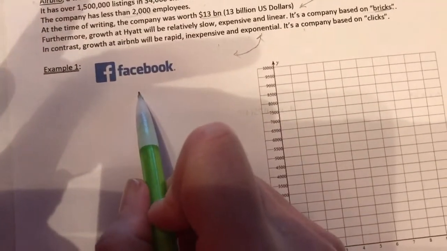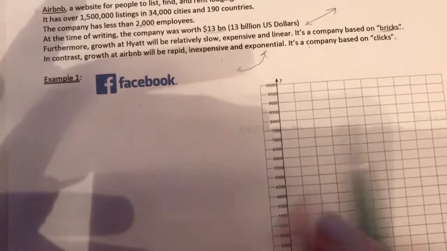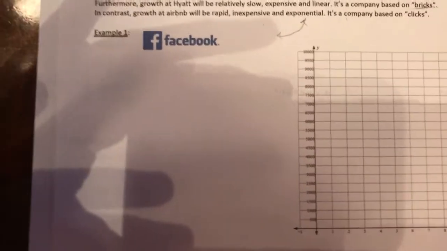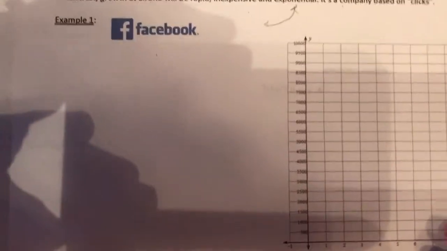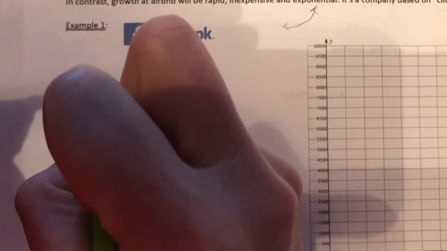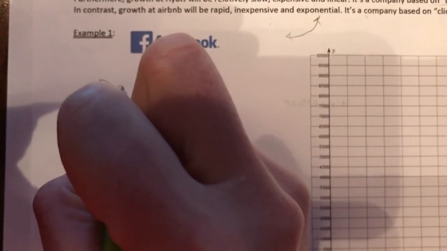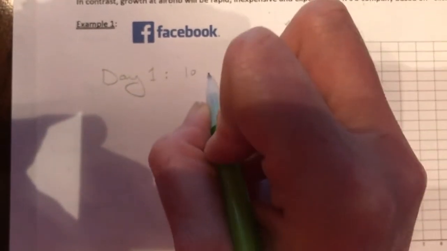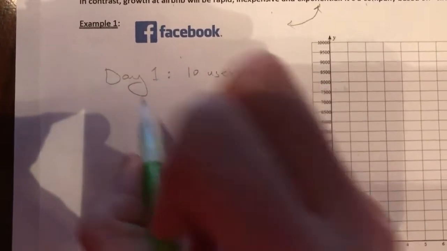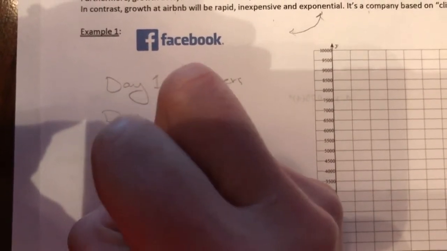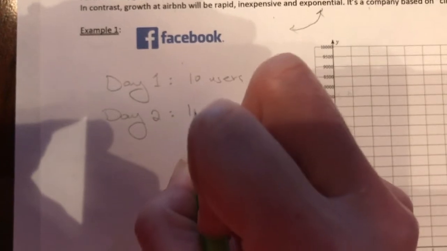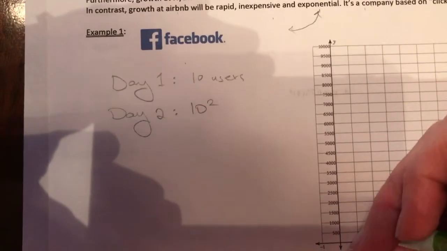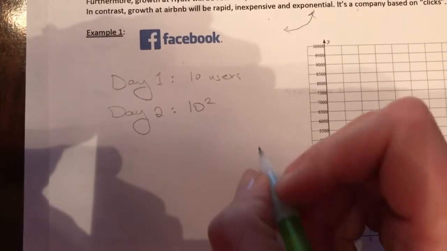We'll take a look at an example also by Facebook. Facebook is another company that is known to have exponential growth. Let's imagine that on day 1, we had 10 users. And each of those 10 users told 10 users. So on day 2, we had 10 squared users. And now each one of those told 10 users.